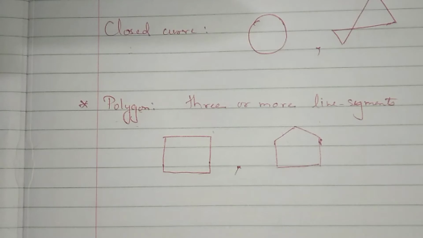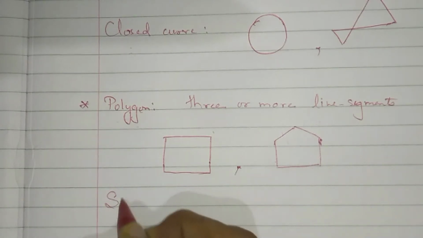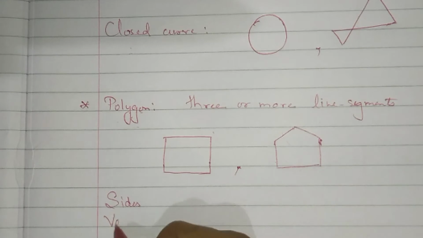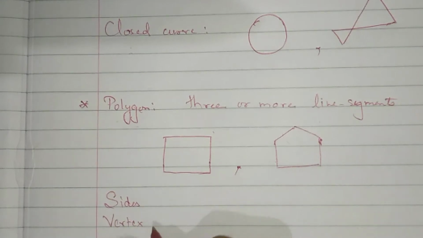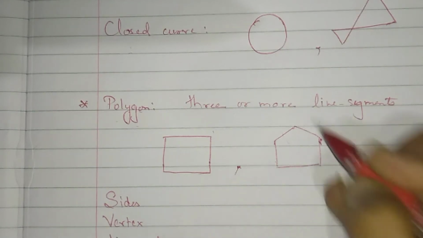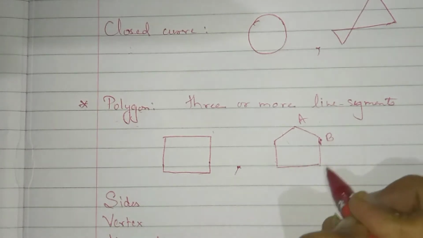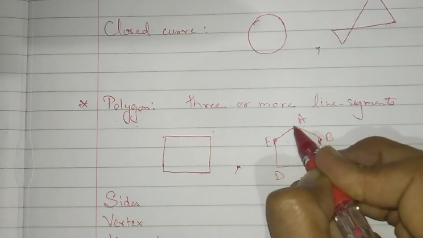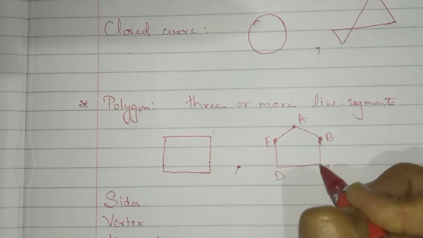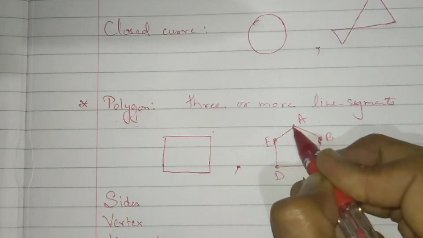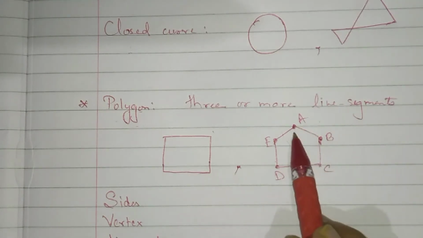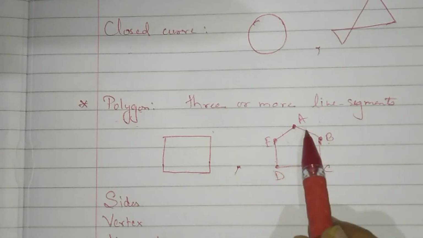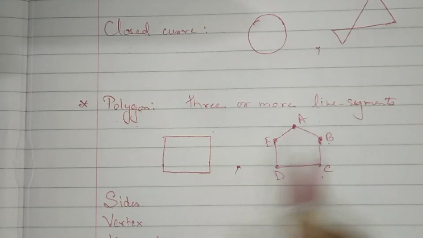Okay, now we'll see sides, vertex or vertices, and diagonals. Now I am giving the names A, B, C, D, E. Okay, these are the points. Whichever points I have marked are called vertices.